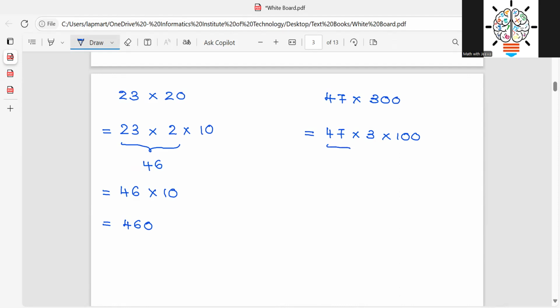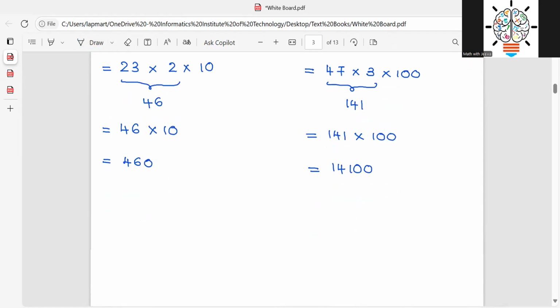So you go to your working column and do the multiplication separately. It is 141. Then what do I have? 141 multiplied by 100. So then the answer will be 14,100, right? So this is very easy when you understand the concept, right?